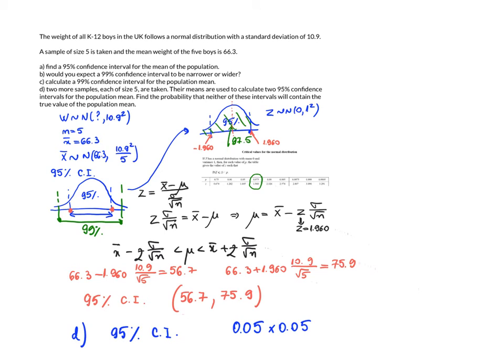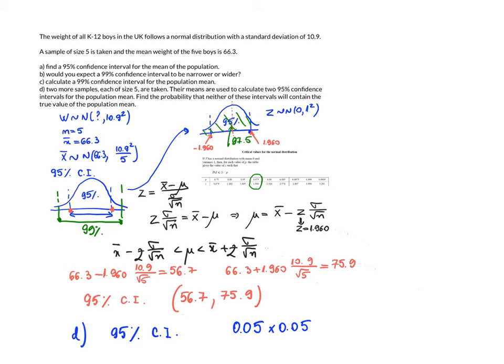Because the probability that the first interval will not contain the true mean is that one, and that's the probability of the second interval not containing the true mean. And this question assesses your understanding that 95% of all generated confidence intervals contain the true mean and 5% will not contain the true mean.